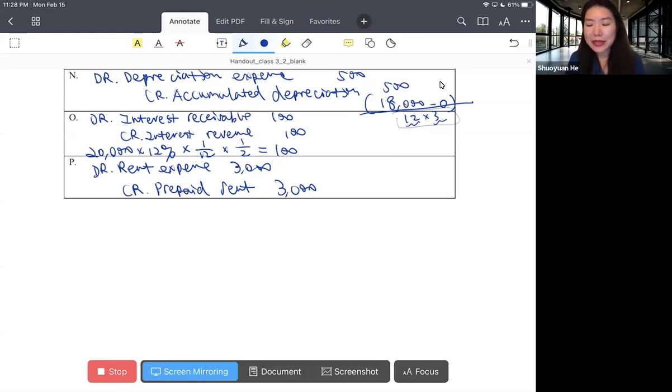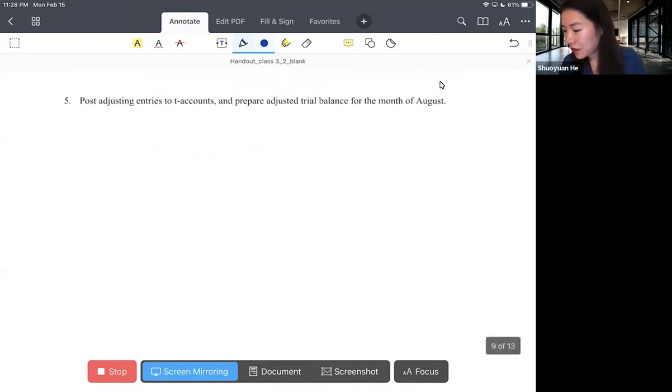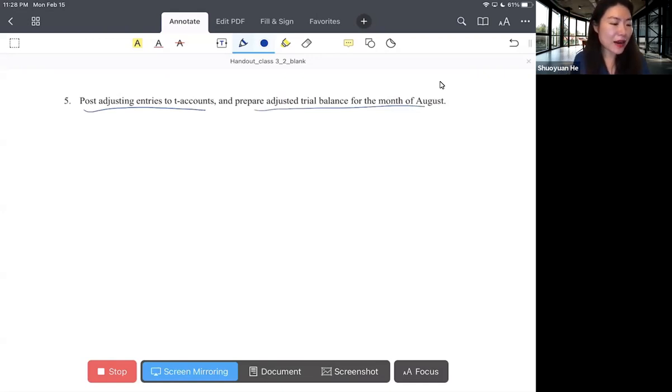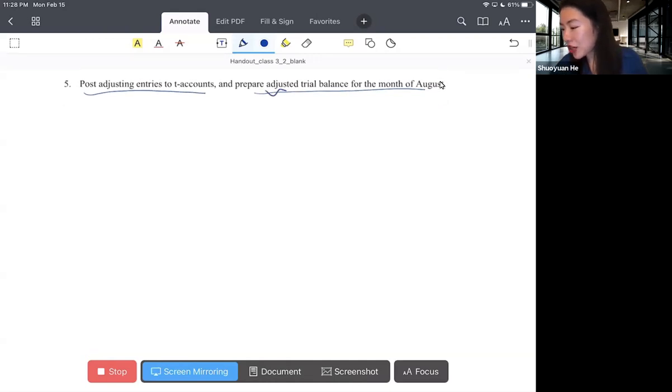So we take the updated balance for those T accounts, and after that, we are going to have an adjusted trial balance. So post adjusting entry to T account and prepare adjusted trial balance. And then I'm just omitting the step of posting again. You can do it on your own. It's very easy. And then I'm just going to give you the adjusted trial balance.